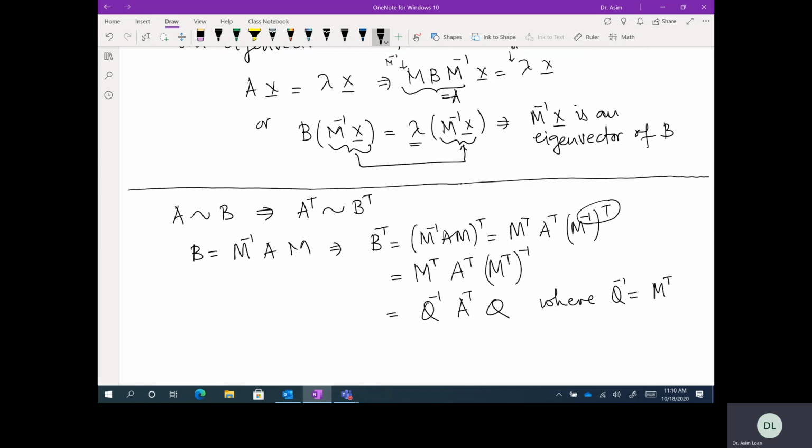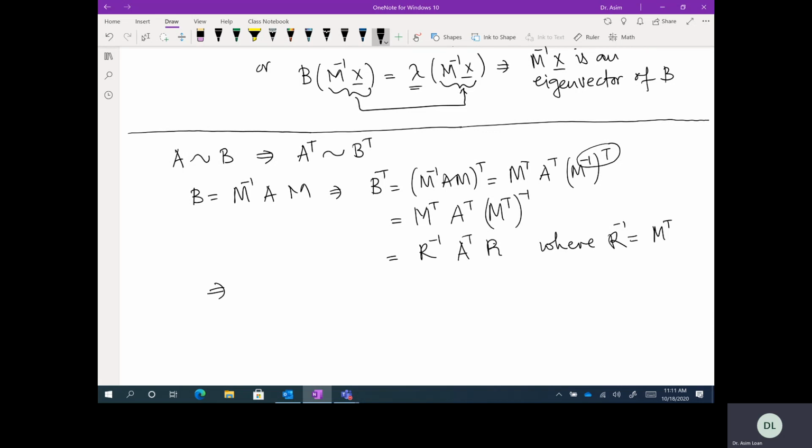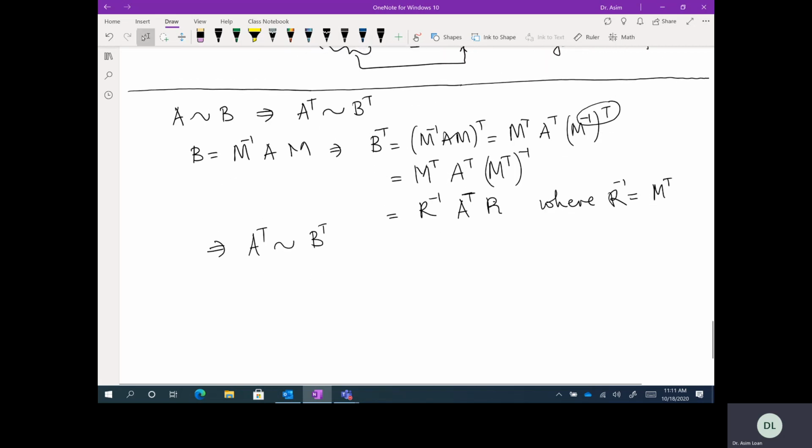This Q is not an orthogonal matrix, this is some other matrix. So maybe I put R over here. So R inverse is the transpose of M. So R inverse A transpose R, the same as M inverse A times M. So this simply means A transpose is similar to B transpose, or B transpose similar to A transpose.